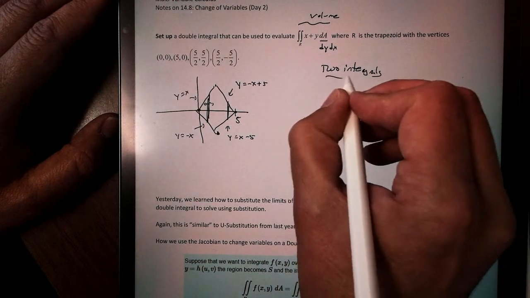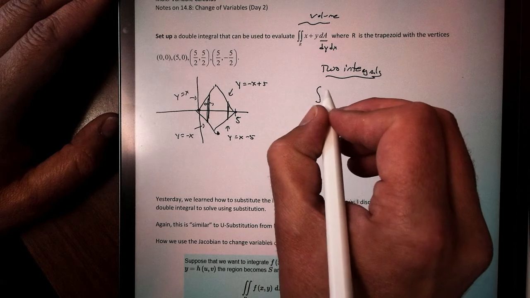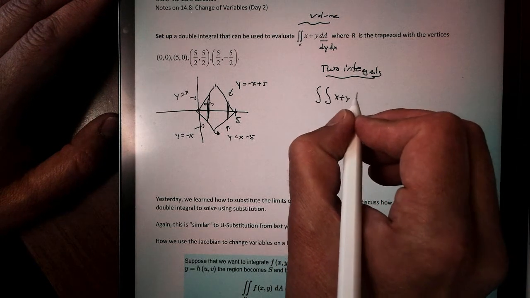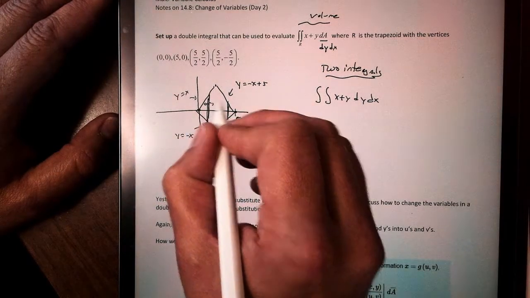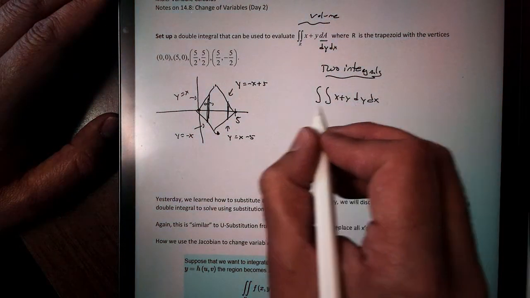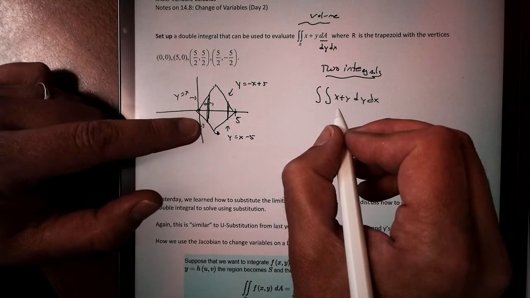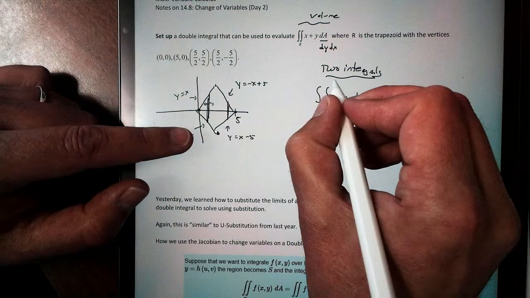Now, for the first integral, I can start solving it right here. The integrand is x plus y, and I'm going to use dy dx because I'm using a vertical rectangle. That's talking about my change in y's. So my bottom y is just this negative x over here, and it goes all the way to positive x.